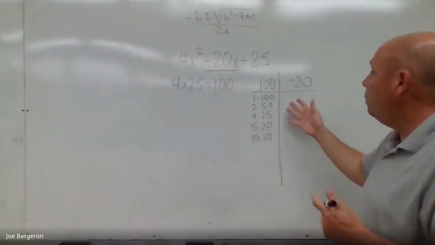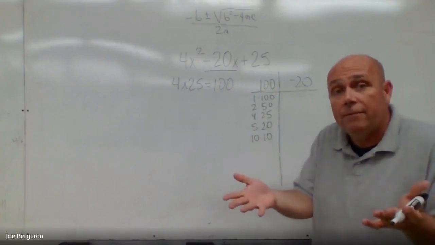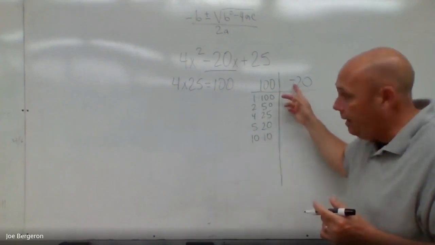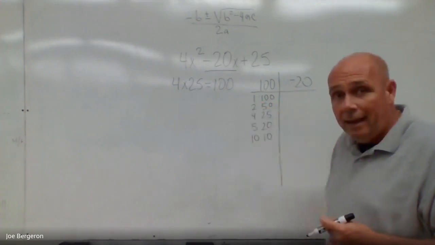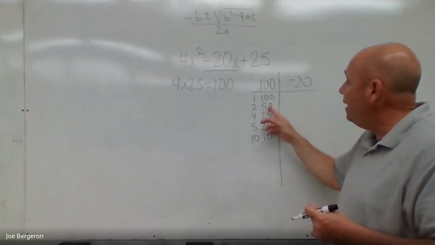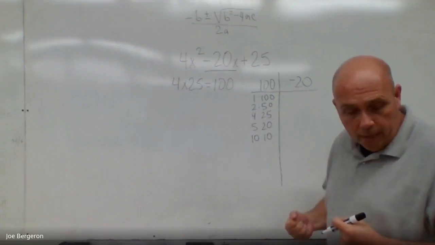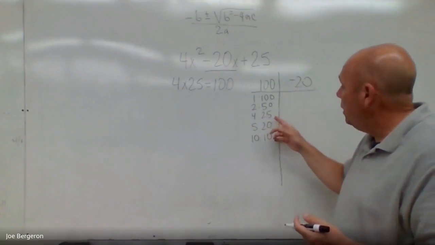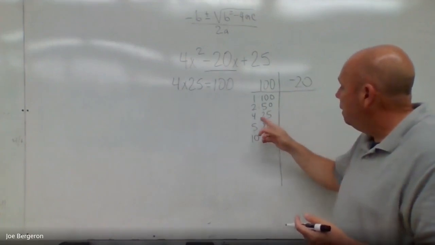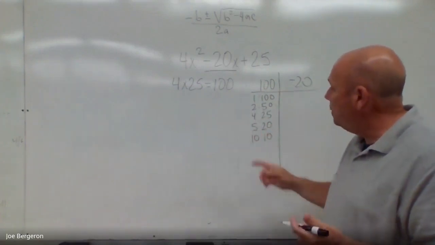Obviously, one will have to be negative, because we've got ourselves a negative, right? So negative 100 plus 1 would be 99. That's no good. 50 minus 2 gives us 48. Again, we're not getting what we need. All right. 25 minus 4 is 21. 20 minus 5 is 15.